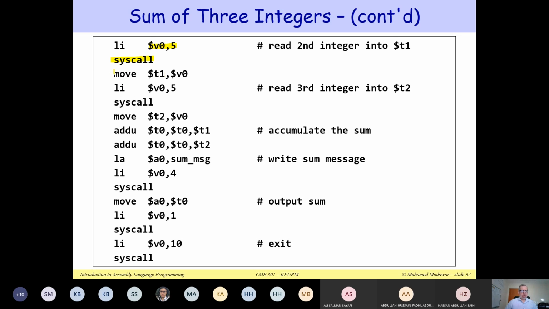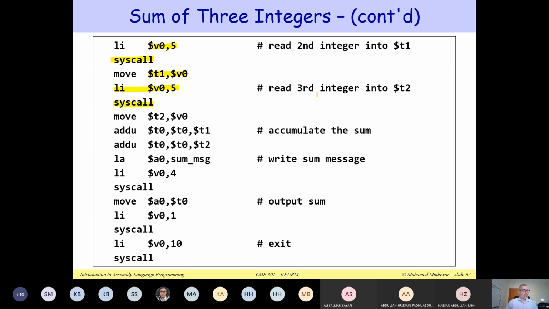So we're going to move the value of V0 into t1, so we save the second integer in t1. Repeat a third time: load immediate V0, 5, and another system call to read the third integer.